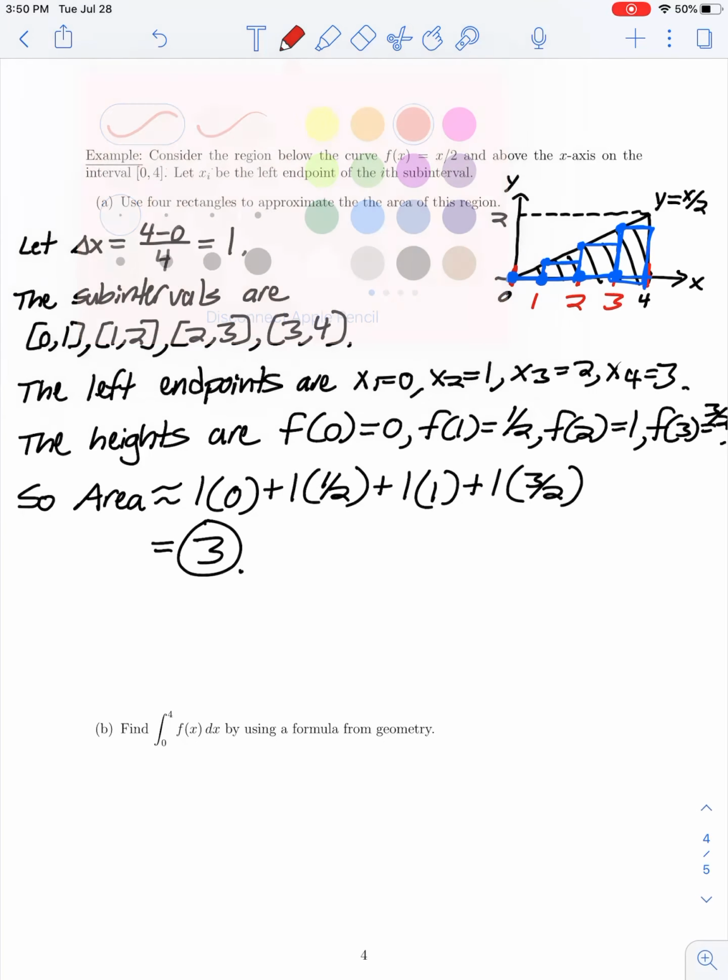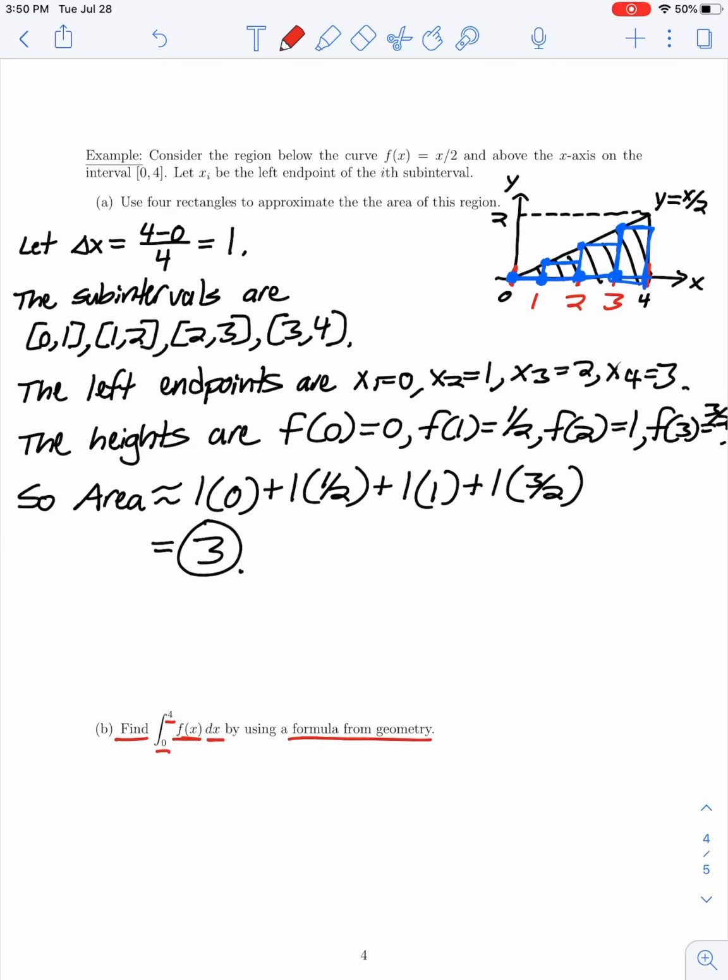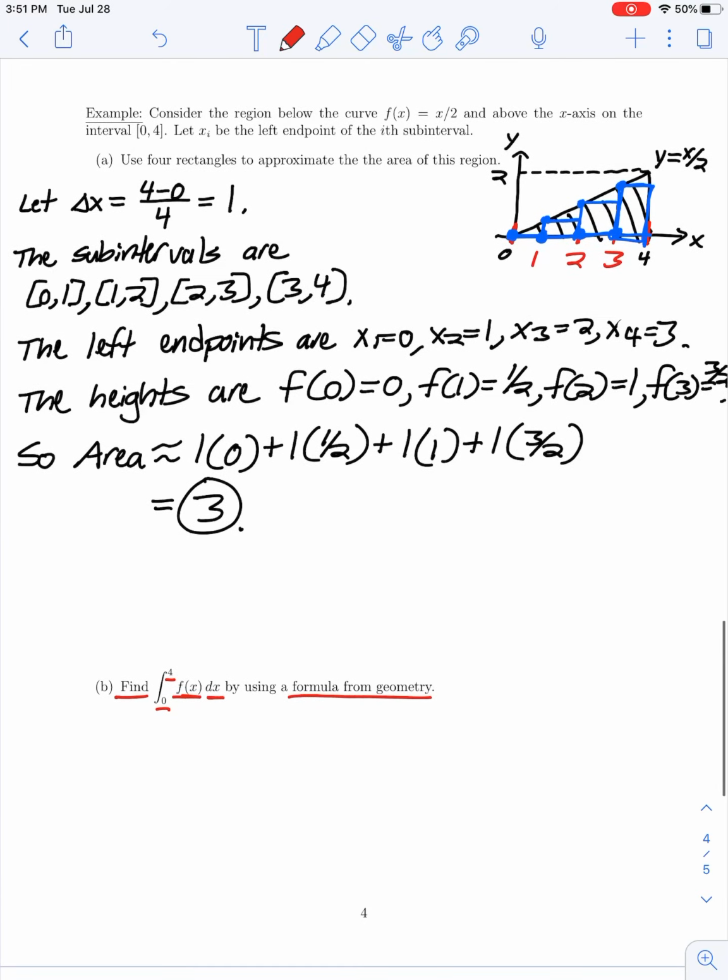And then in part B, we're told to find the definite integral of f of x dx on this interval from 0 to 4. So that is the true area of this shaded region, by making use of a formula from geometry.